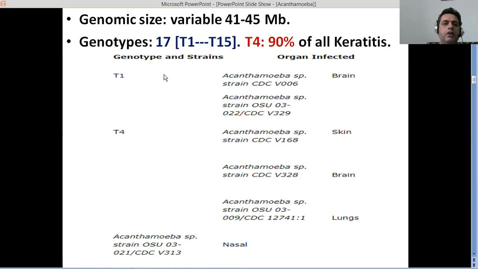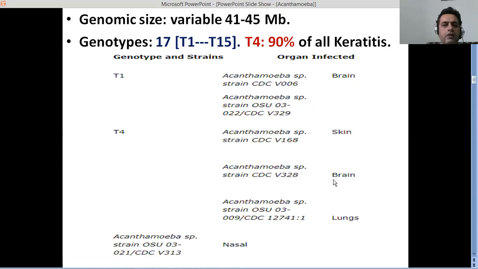The T1 genotype infects the brain tissue only. It means it causes the encephalitis conditions. There are some certain strains of the T1 genotypes which are causing this particular condition. And the T4 genotype has the potential to infect many different tissues like the skin.